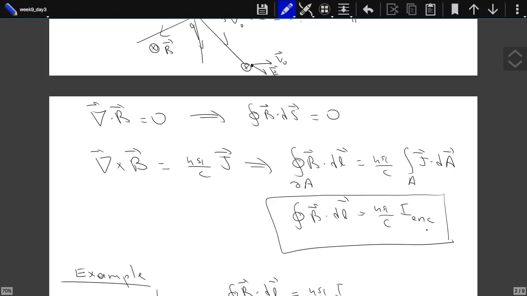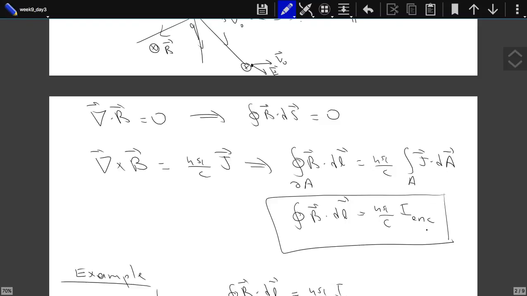We have this electric charge, which creates electric fields, and electric field lines either leave from this point charge or terminate at this point charge, depending on whether it's positive or negative. But since the divergence of the magnetic induction is 0, there are no such point charges for the magnetic induction field.